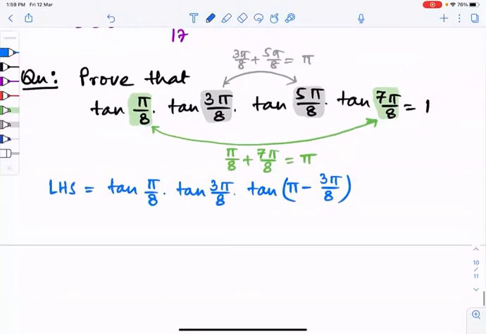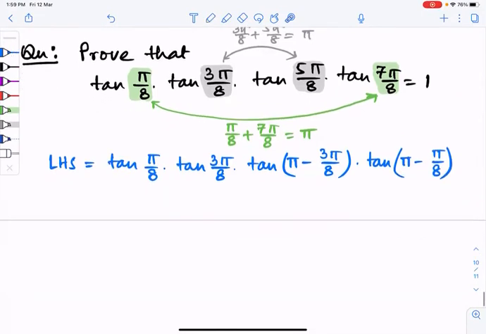Is that correct? Because if I add these two, the sum is pi, so 5 pi by 8 will be pi minus 3 pi by 8. And the other one is tan of pi minus pi by 8. So this we have got by observation.